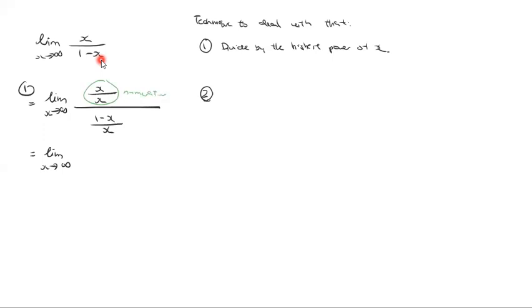Now, for the denominator, we don't want to leave it like this. What we often do is we split it. Does that make sense? So now we're going to get, and x over x is just 1. Nothing's really changed except the way I wrote it.